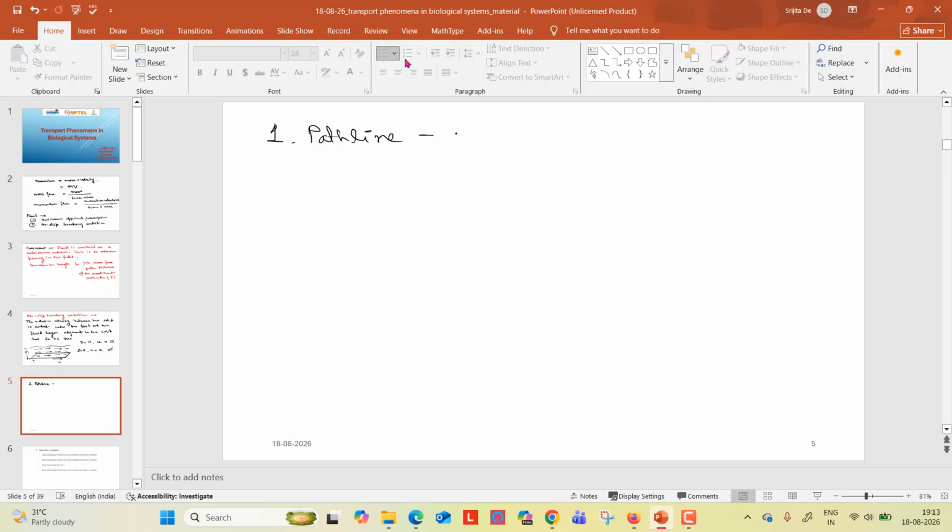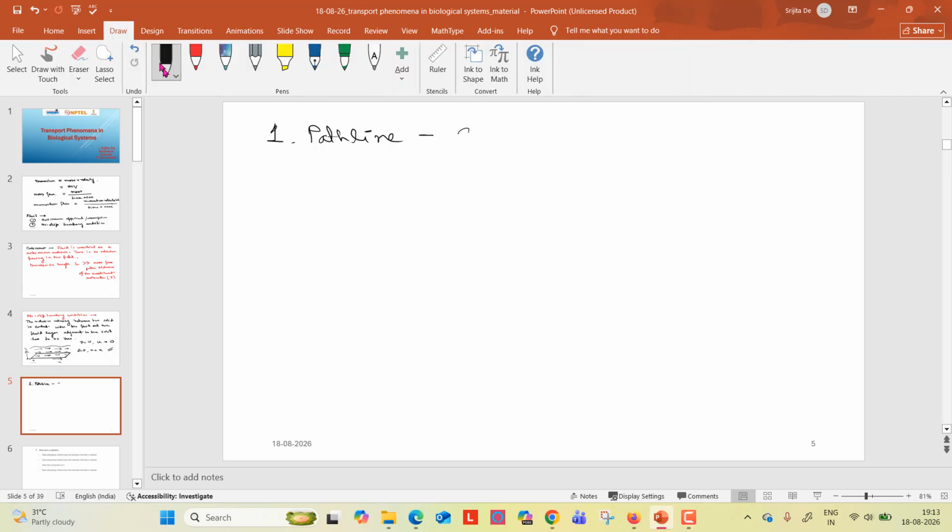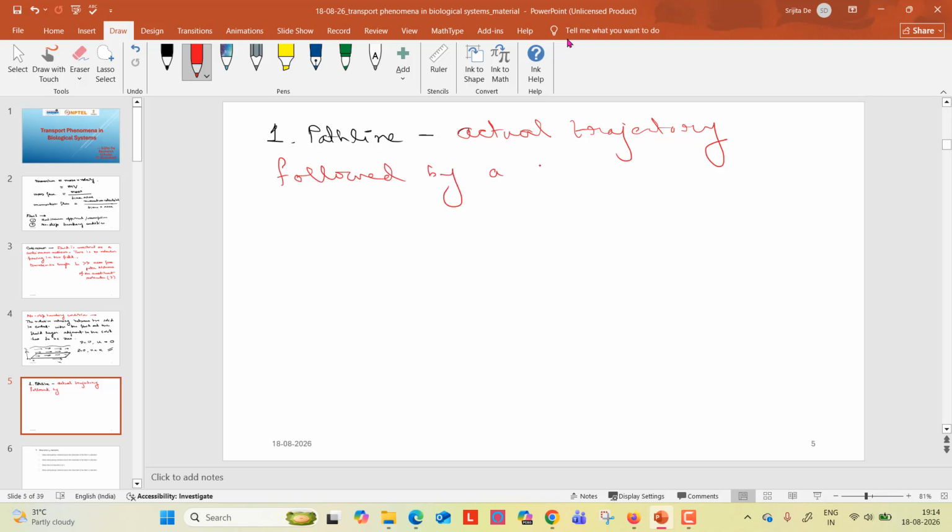So what is this path line? The definition of path line in a fluid system is the actual trajectory followed by a fluid particle.